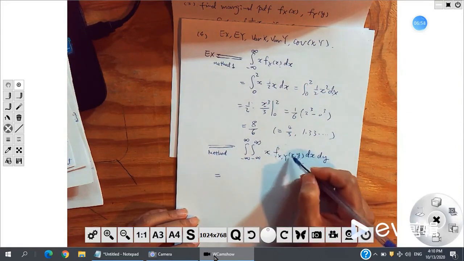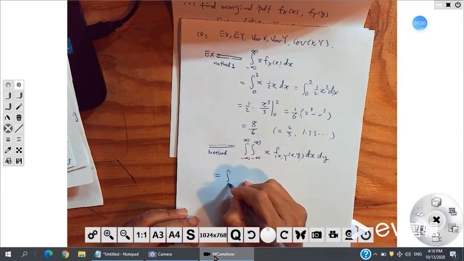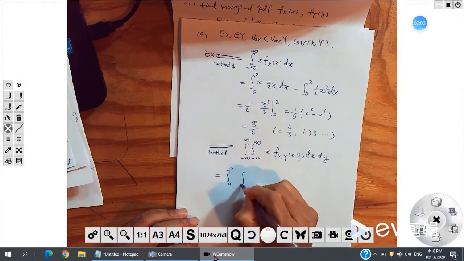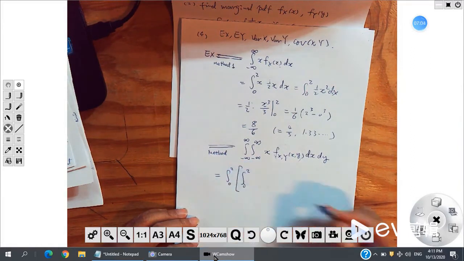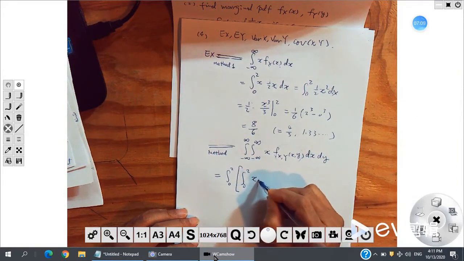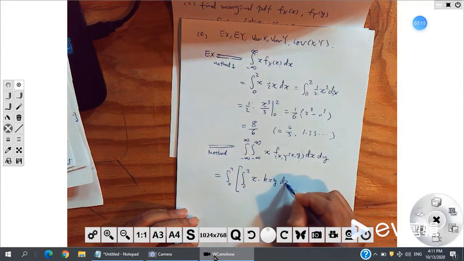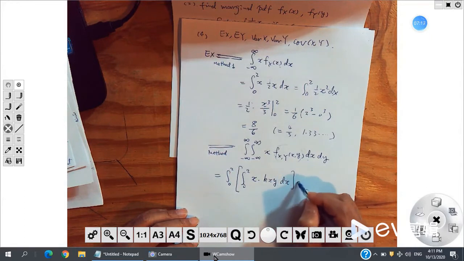Only when x, y belong to the interval from 0 to 2, it is non-zero. So the integration is just 0 to 2, 0 to 2. And I use dx firstly. This is x times f_XY, which is k times xy, dx, then dy.